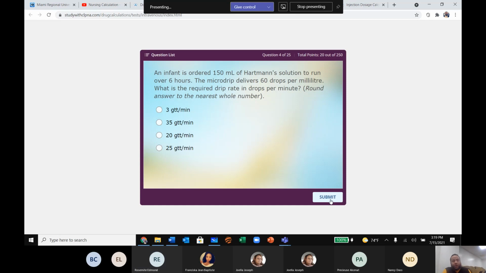An infant is ordered 150 ml of Hartmann's solution to run over 6 hours. The microdrops delivered are 60 drops per milliliter. What is the required drop rate in drops per minute? Following the same requirement, round the answer to the nearest whole number. Round to whole numbers as counting numbers: 0, 1, 2, 3. Okay?